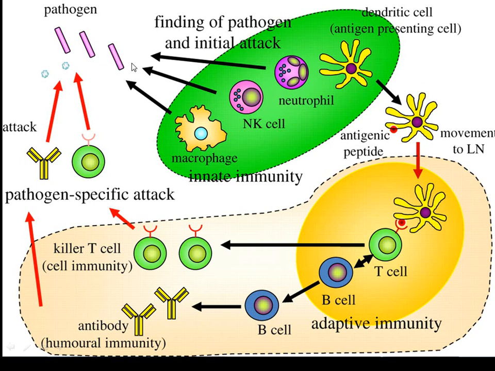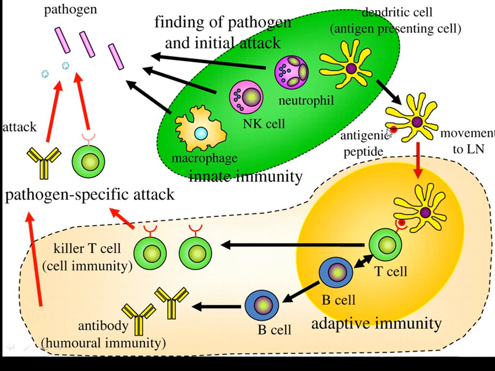They swallow it, break it down into small fragments, and present them on their surface, like this cell, via MHC2 because it's an exogenous antigen.